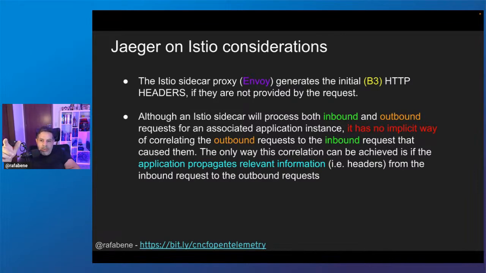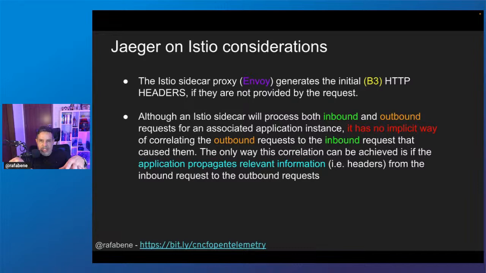Okay, and also the sidecar will process inbound and outbound requests, but there is no implicit way to correlate the traffic from the sidecar to your application. So your application needs to get the inbound context from Istio, sorry, replicate it and propagate it to the call to the other microservice, right?